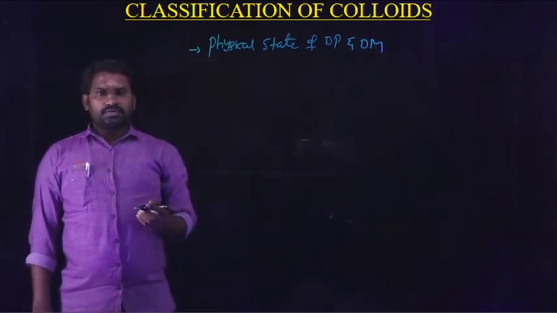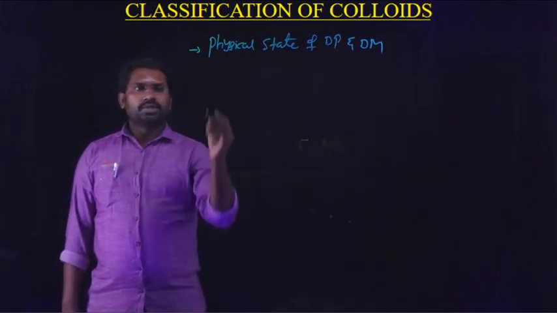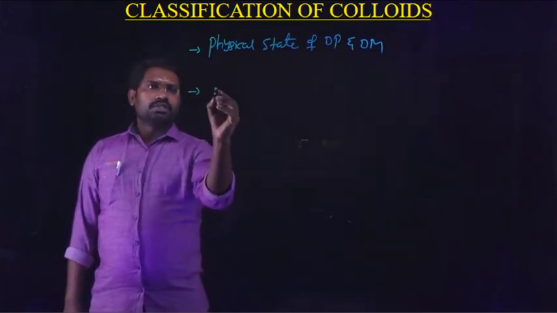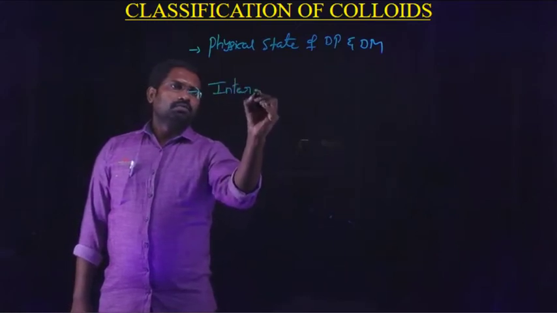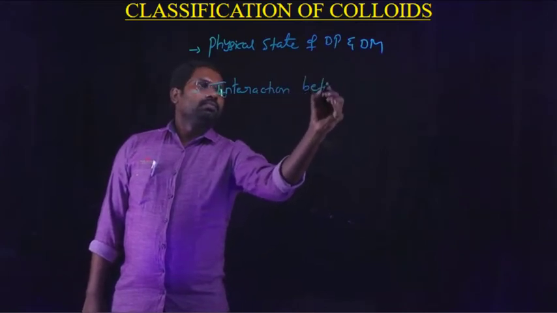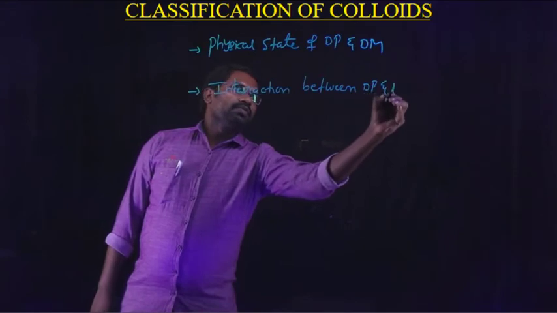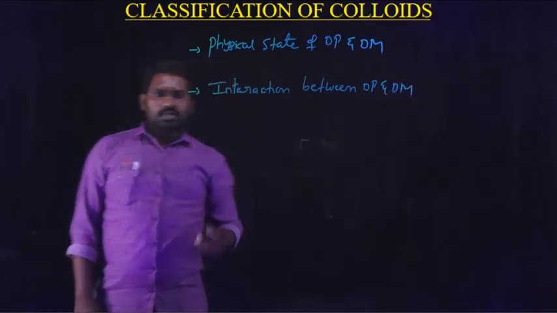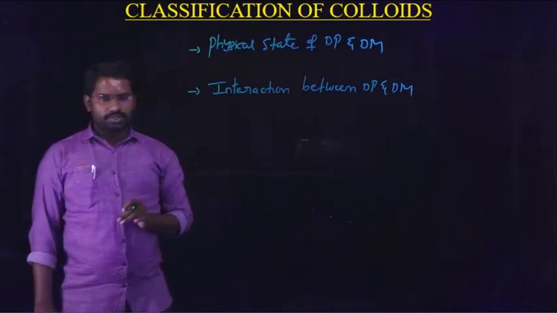Colloids can be classified based on the physical state of the dispersed phase and dispersion medium. Second classification is the interaction between the dispersed phase and dispersion medium. Second classification is the interaction present between the dispersed phase and dispersion medium.